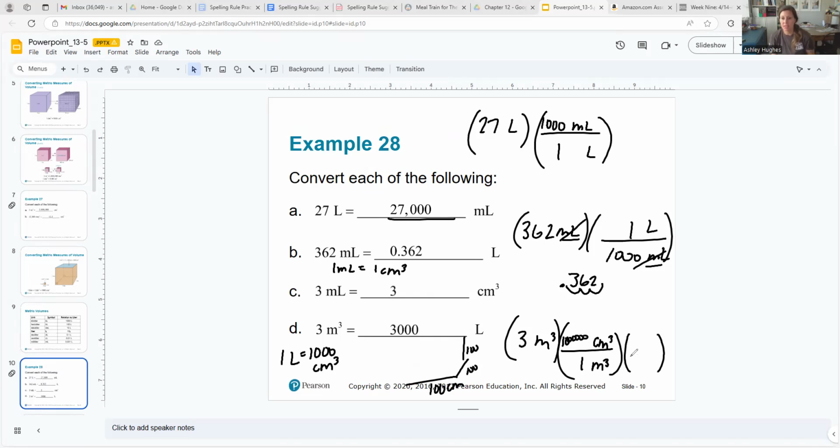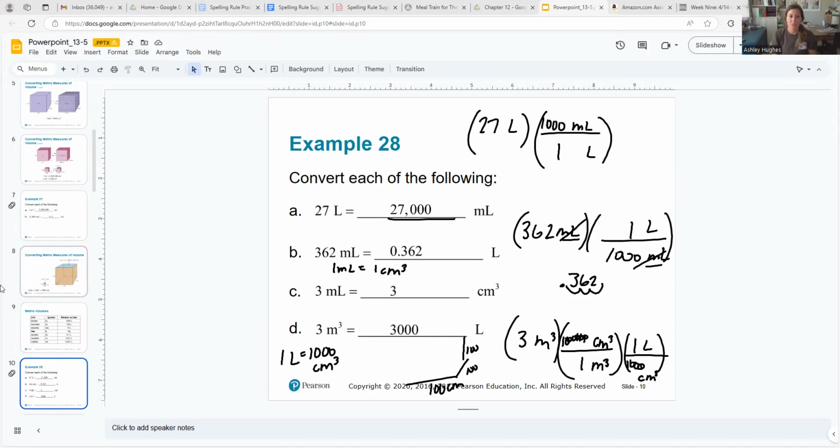And then there's 1,000 centimeters cubed in 1 liter. So I could simplify this and take 3 of these zeros, 1, 2, 3, mark out those 3. Then I'm multiplying 3 times 1,000, and so I get 3,000 liters.